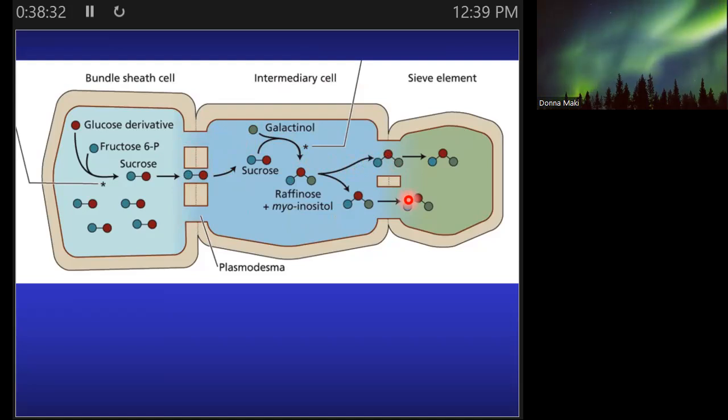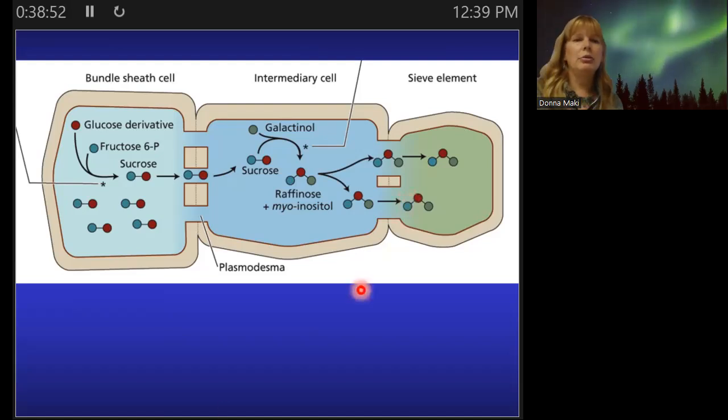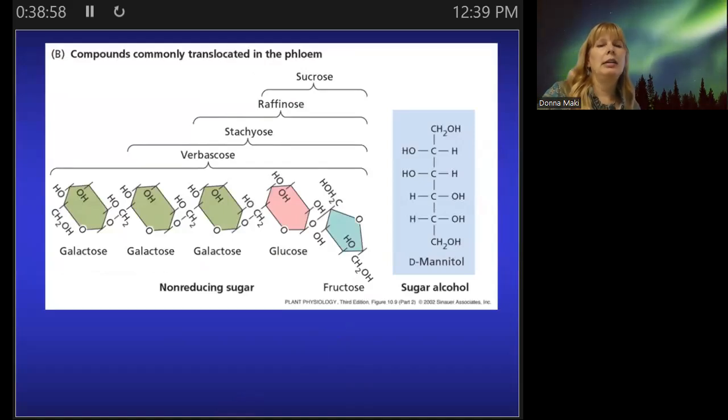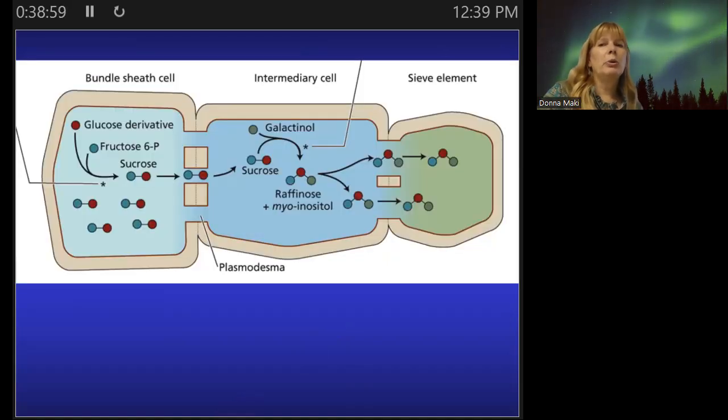The other thing they were looking for is, are there the proper enzymes and sugar molecules to allow for these reactions to take place once sucrose gets into the companion cell sieve tube element complex? Are the enzymes there to do all the building of the galactose reactions? So they looked for both of that and they found it.